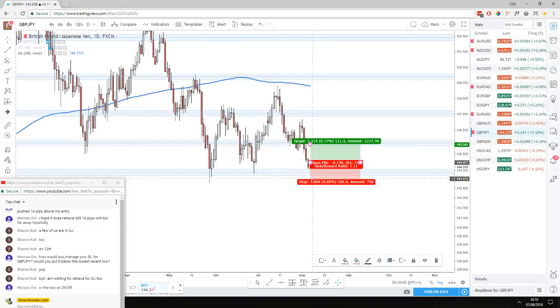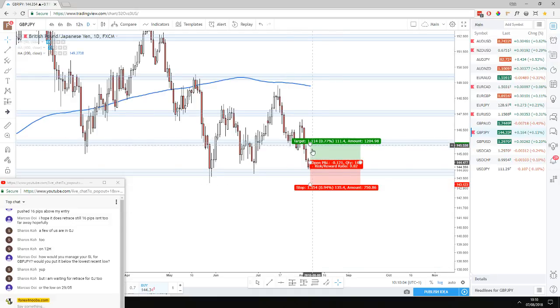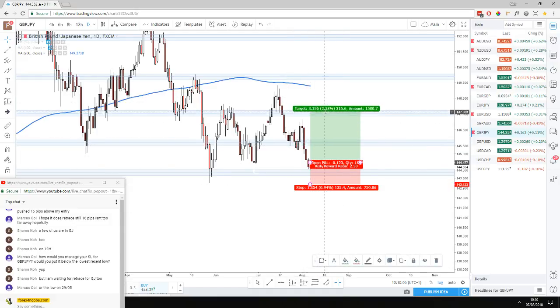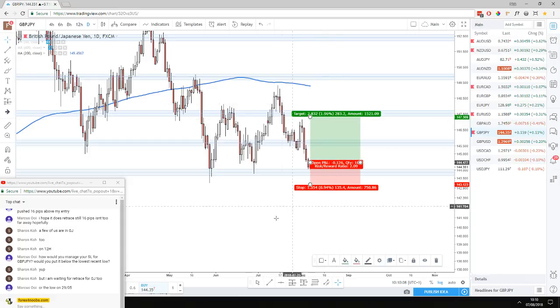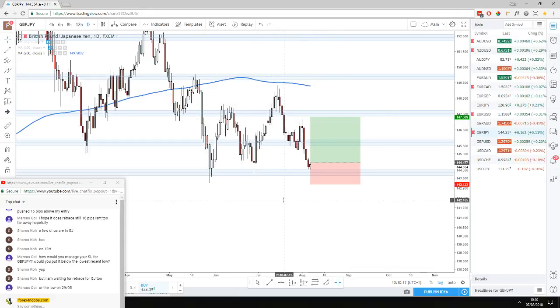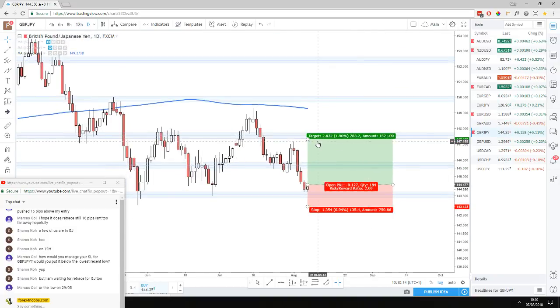No, man, that low is way too low to place it there. It's just unrealistic because it's going to stretch your target by a lot.